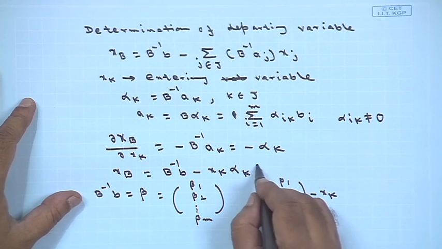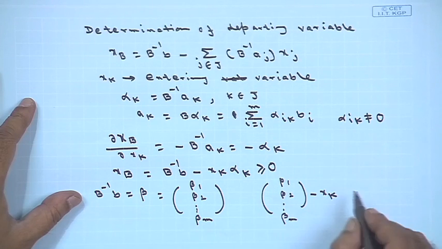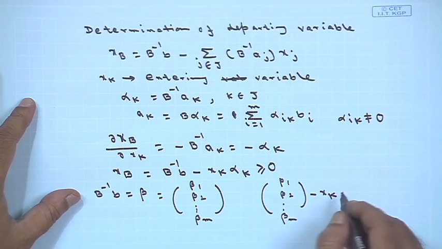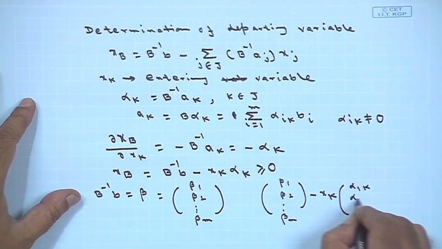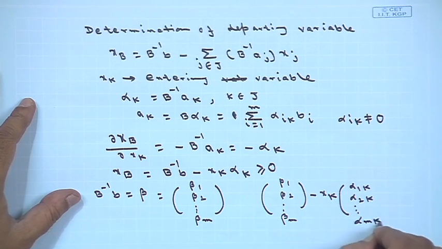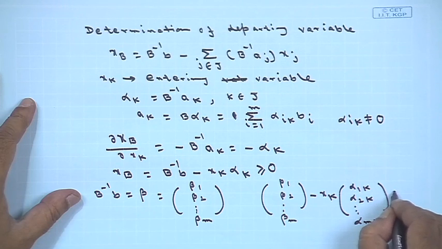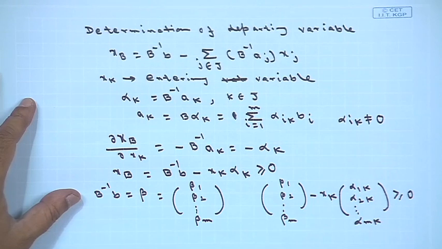actually this x b always will be greater than equals 0, x k into alpha 1 k, alpha 2 k, like this way alpha m k, and this is greater than equals 0.